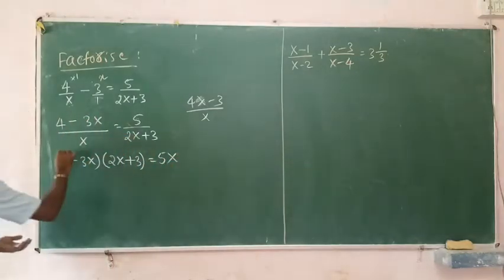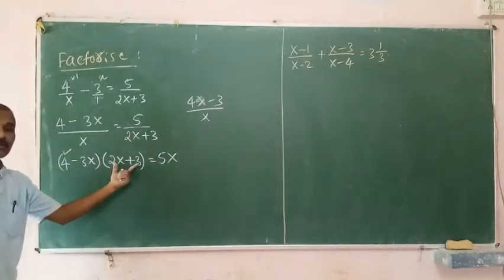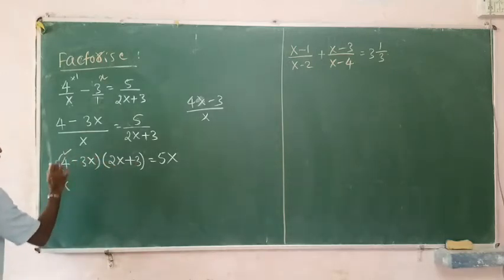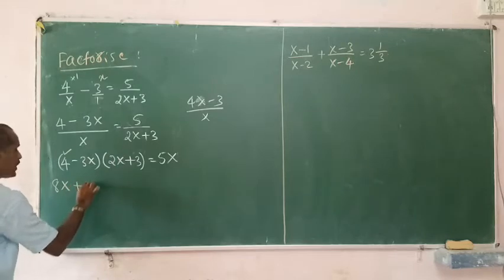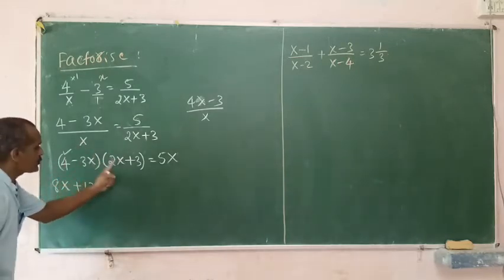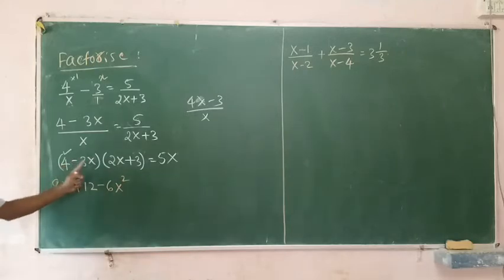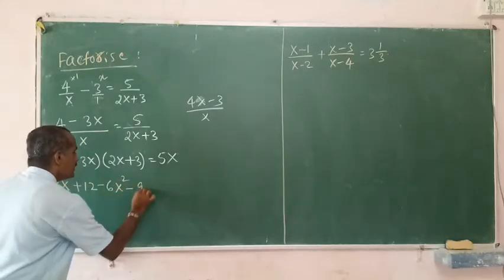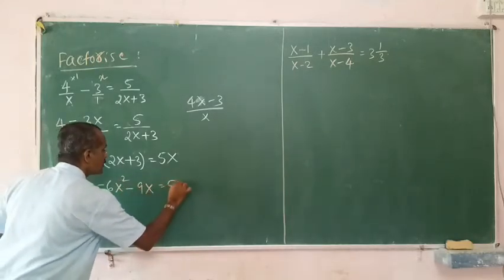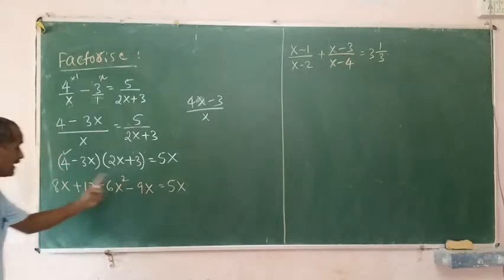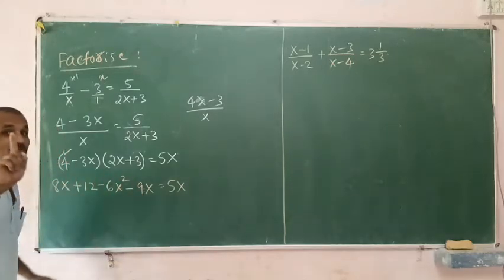This is binomial to binomial. Start from here. 4 into 2x, 8x. 4 into 3 plus 12. Minus 3x into 2x, minus 6x square. Minus 3x into 3, minus 9x is equals to 5x. Okay, let me simplify. Plus 8x minus 9x, it is minus 1x.